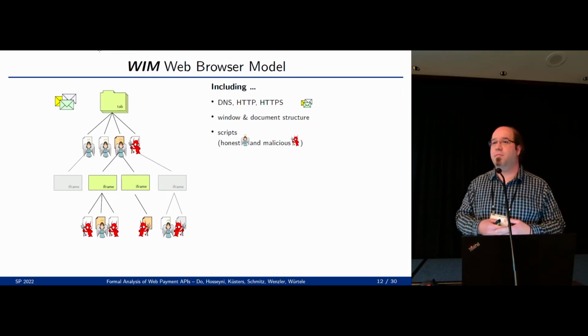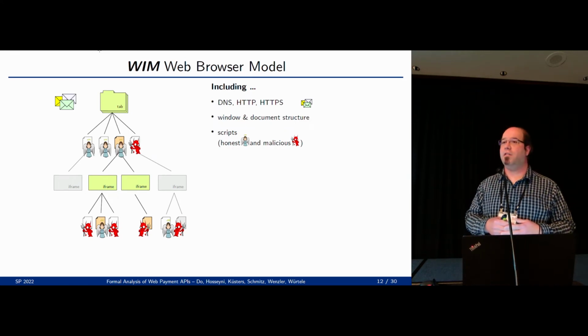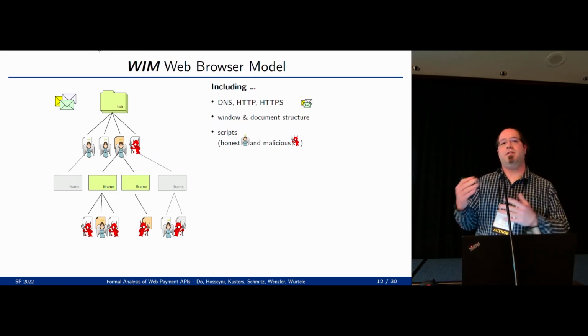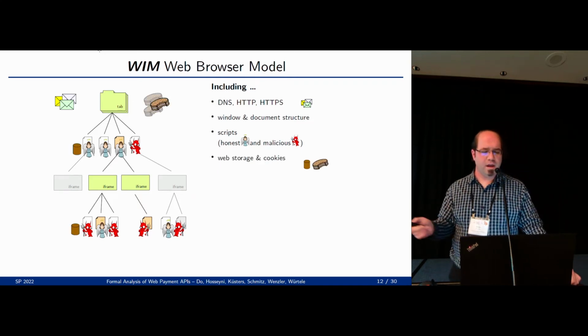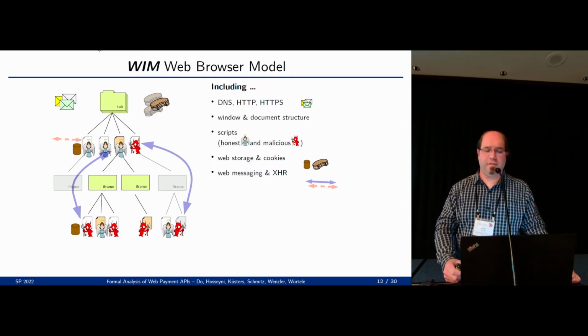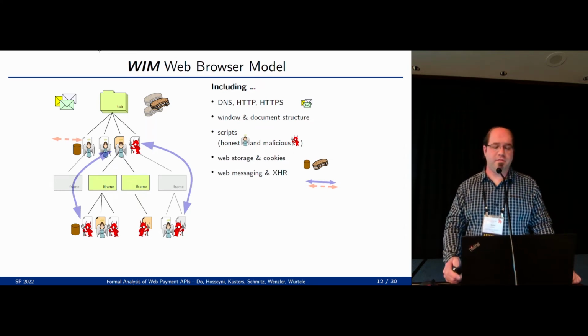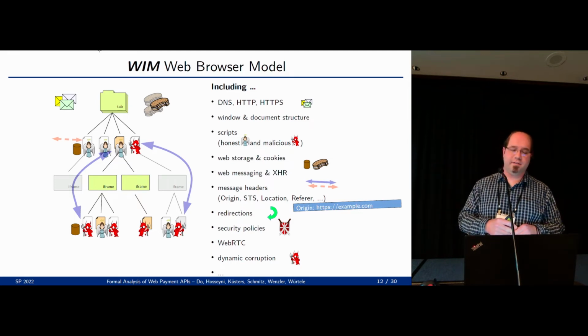Scripts can either be honest, in that case, they model application-specific behavior, or they are malicious. In that case, they non-deterministically take any action they could possibly perform. We also have features like web storage and cookies, cross-window browser messaging and XML HTTP requests, and also many other features like handling of various message handlers, redirections, and so on.